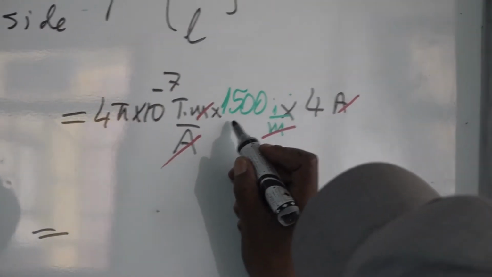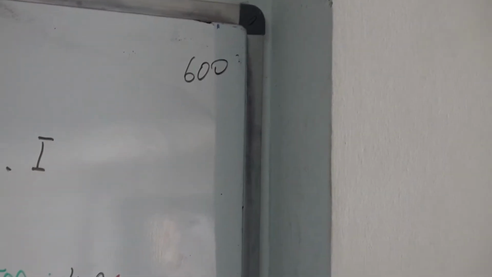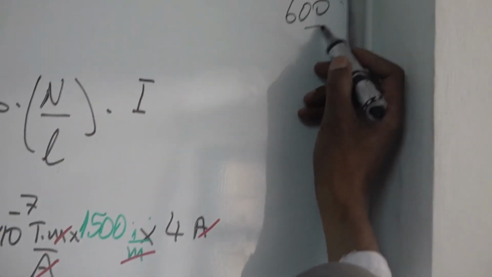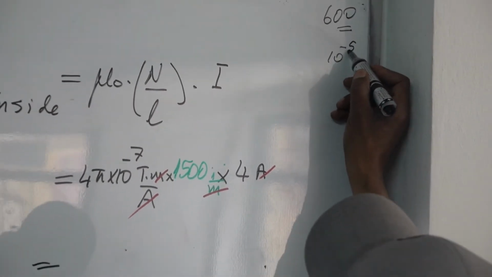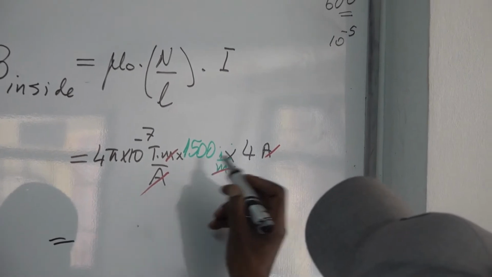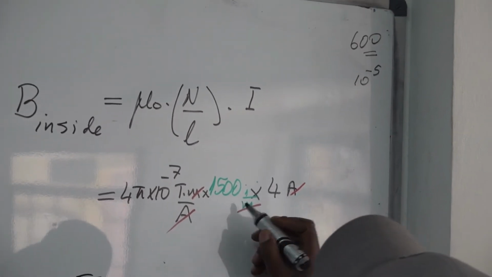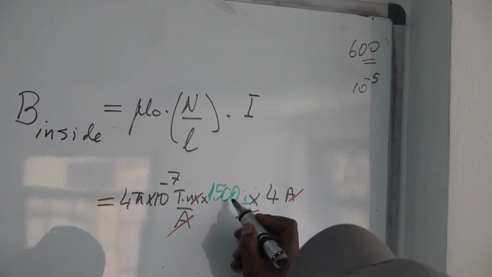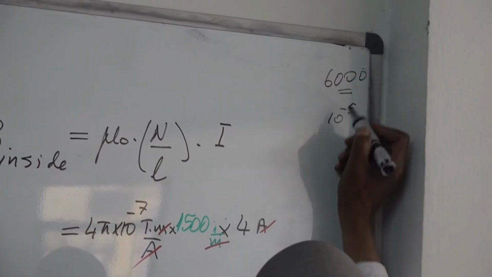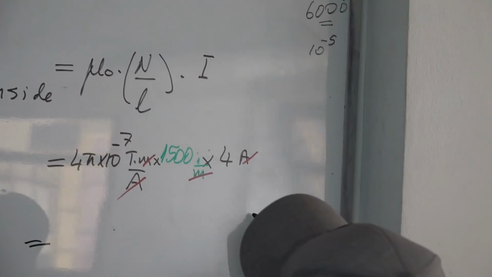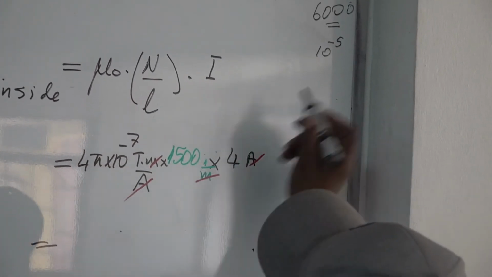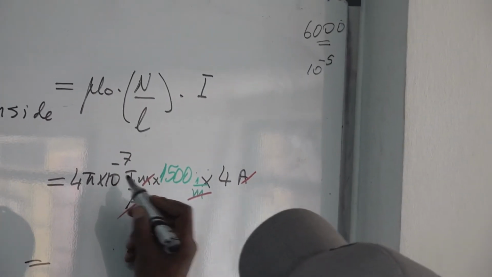Alright, 4 times 15 gives you 60, and there were two zeros already, so it's 10 to the power of positive 3 with 10 to the power of minus 7.